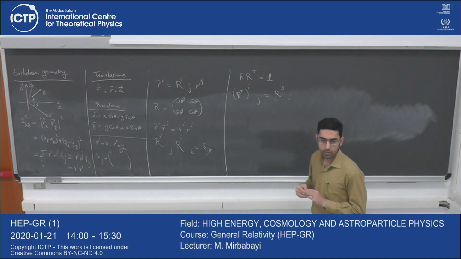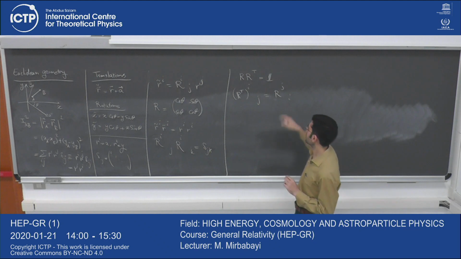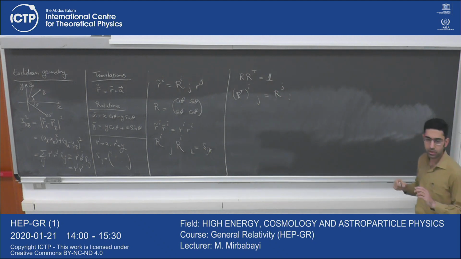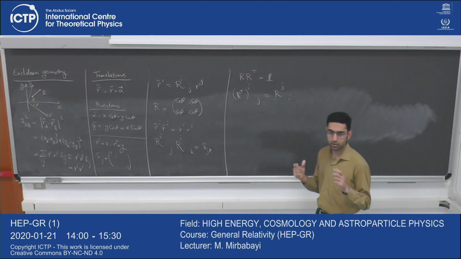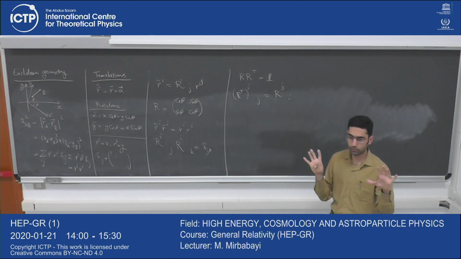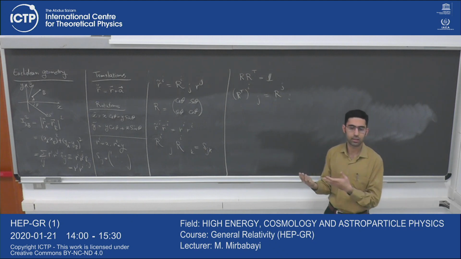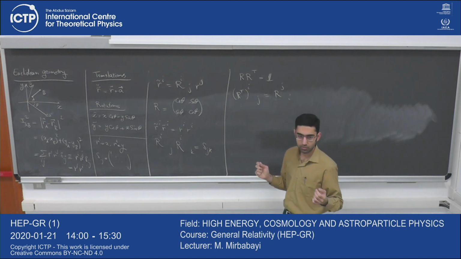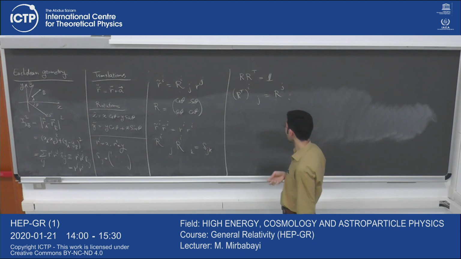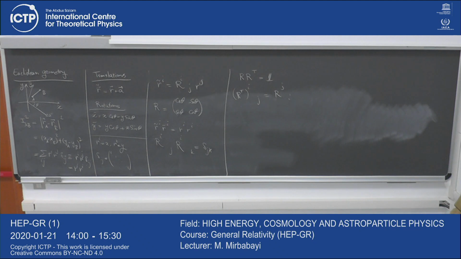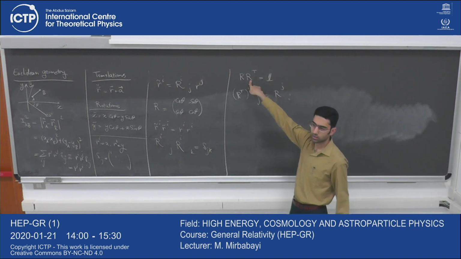There is a unit element in this set, which is unity. There is a composition law: if I have two rotation matrices and multiply them together, I get a third rotation matrix. And there is an inverse. For every rotation, there is an inverse rotation that brings us back to the unity, and that inverse is just this transpose.